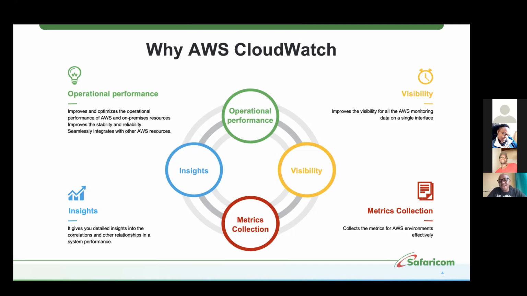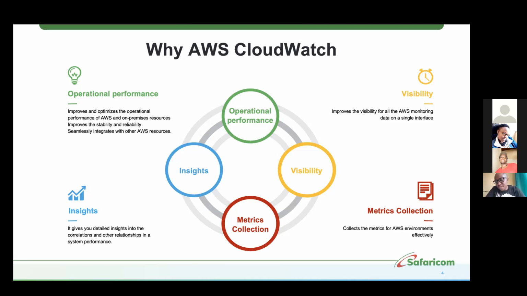This basically will be able to look at the health of our pods and containers that we have running either in EKS or ECS, and give us insights on where to improve and where to tighten our belt. So my colleague Cosmas will be talking a little bit deeper into CloudWatch.